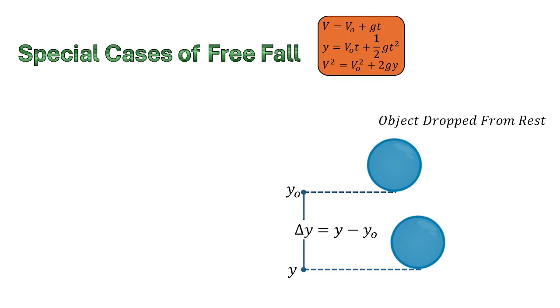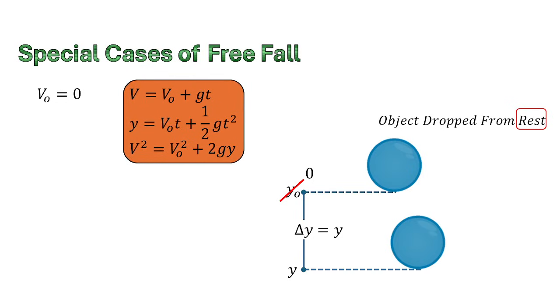Change in y is equal to y minus y naught. But in other cases, we let y naught, the initial y, be 0, and so our change in y would only be y. And take note that the object is dropped from rest, meaning that v naught, the initial velocity, is 0.